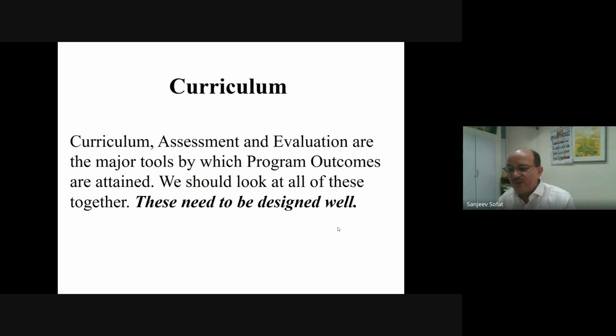Maybe I would like to know from you, we have participants from engineering, law, and management. These are the three types of courses. What sort of tools do you use for evaluating the students? Maybe somebody from law is there. In case of law, what sort of tools do you use?